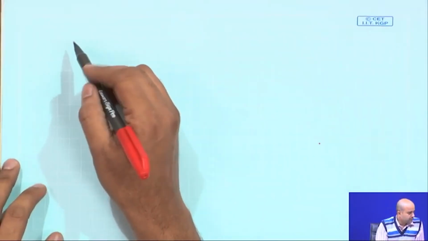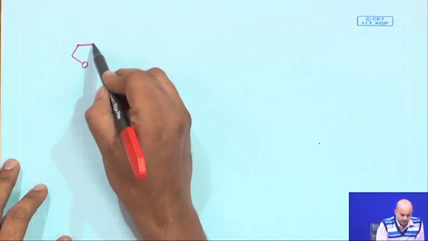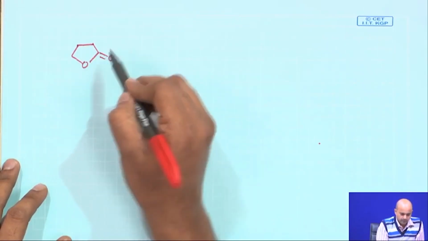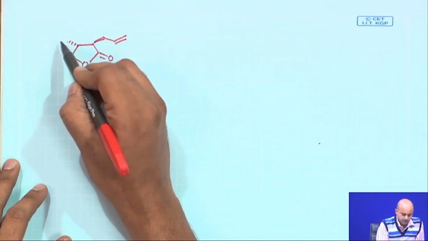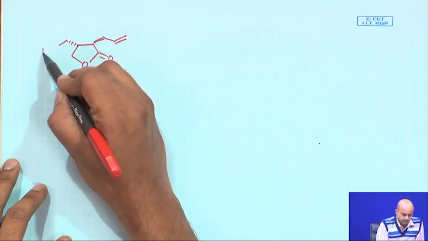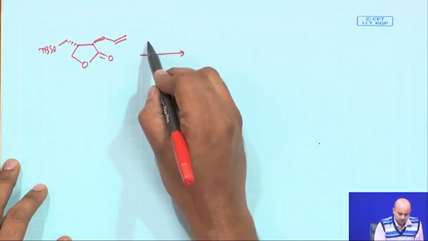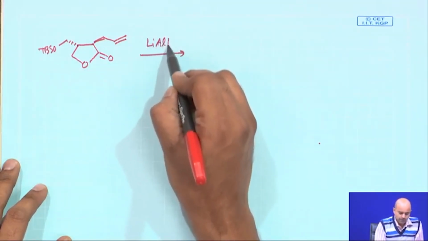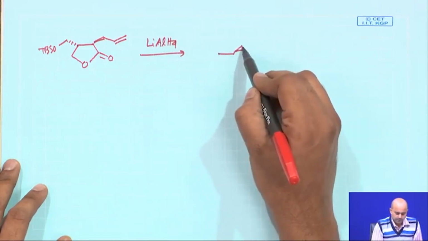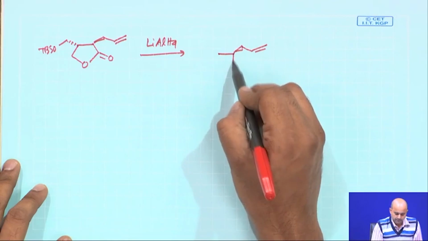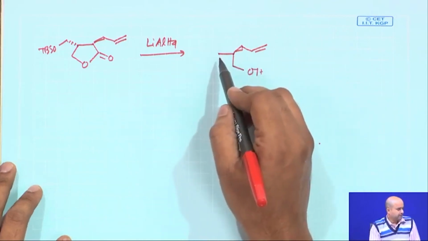Now, start with the starting material which was given to you. The starting material which was given to you has this structure, TBSO. So, first we will be using lithium aluminum hydride, which is a strong reducing agent. Your allyl will be here and you will have an OH here.